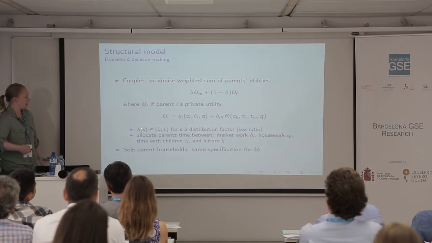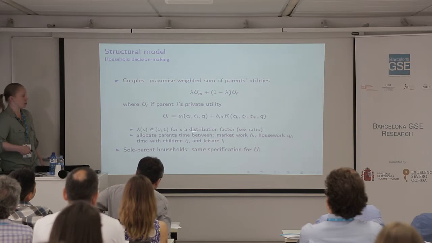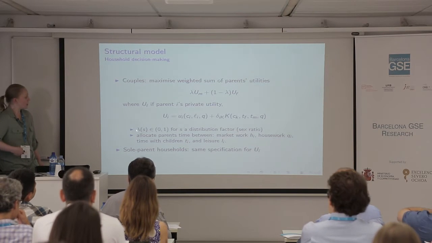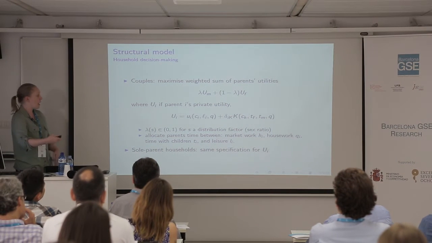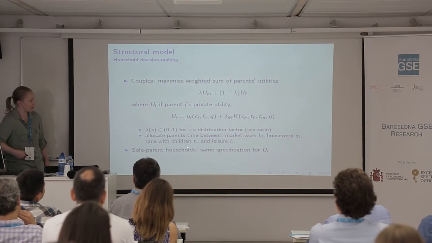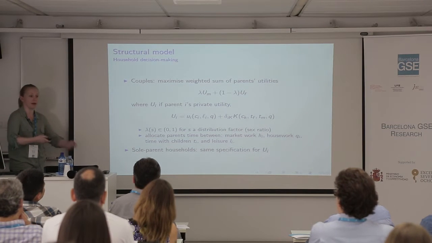Lambda varies with distribution factors such as the sex ratio and the wage ratio. Basically, parents choose to allocate time between market work, housework, time with children, and leisure. And then in sole parent households, we simply have the same specification for UI without the bargaining.